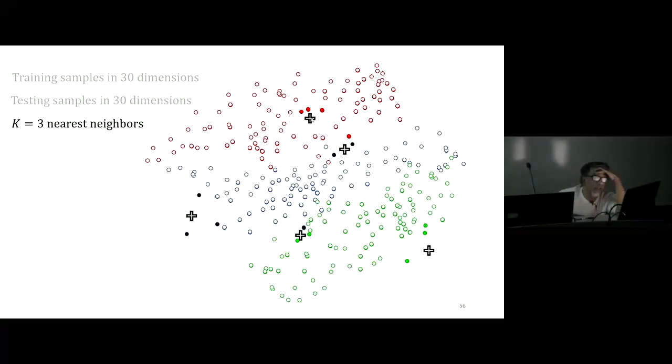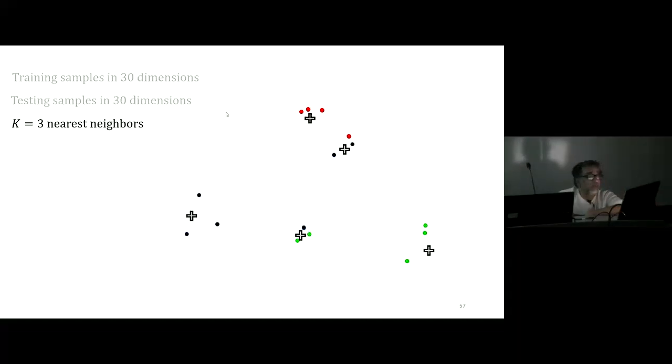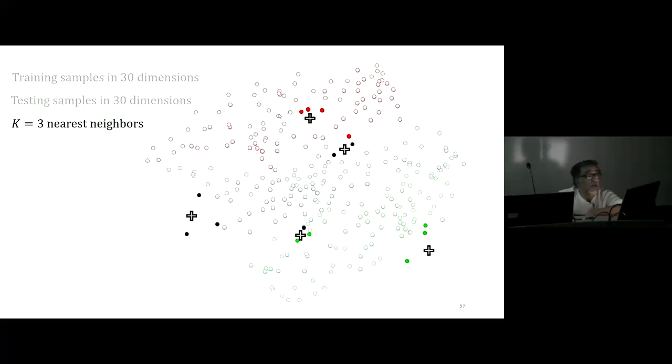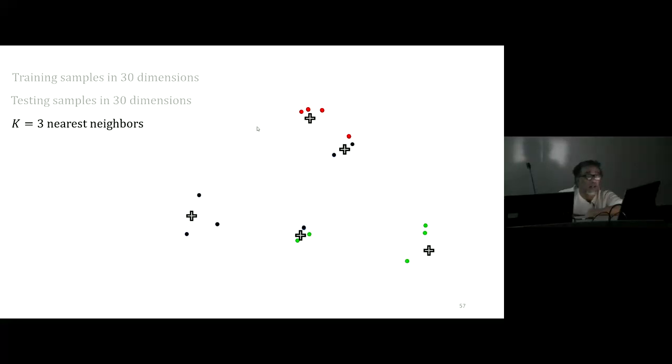Here, we look at the Euclidean distances and say, these are the 3 nearest neighbors of this point, these are the 3 nearest neighbors of this new test sample, and these are the 3 nearest neighbors of this one. Then we do the classification. We ignore the rest and look at only the k nearest neighbors, where k equals 3 in this case.